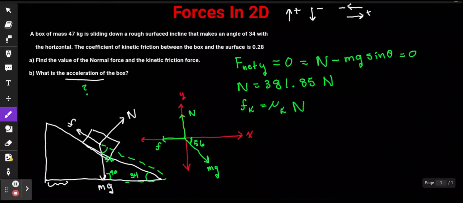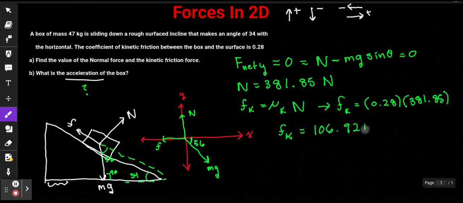The good thing is we have both of those. That means that our kinetic friction is equal to 0.28, our coefficient, times our normal force of 381.85. So plugging this into our calculator, we get a kinetic friction of 106.92 newtons.